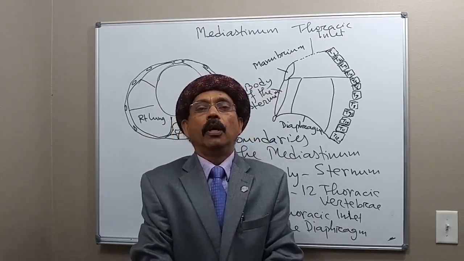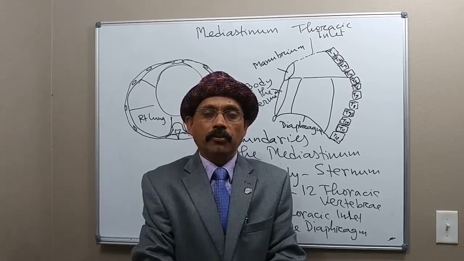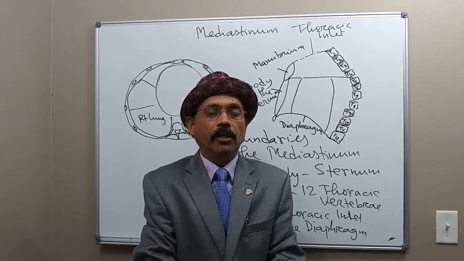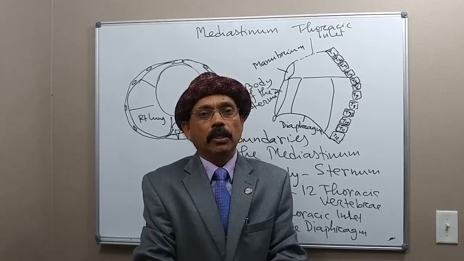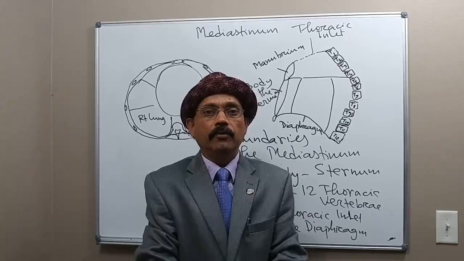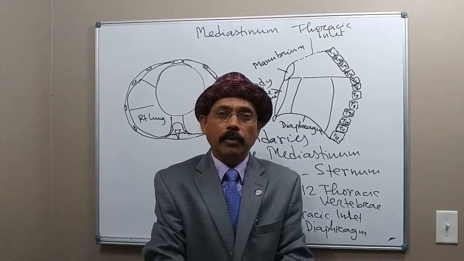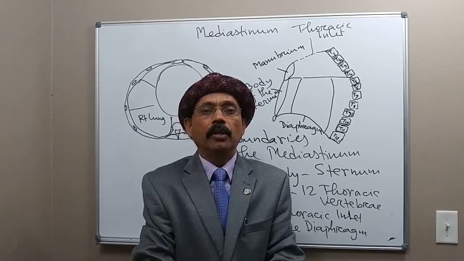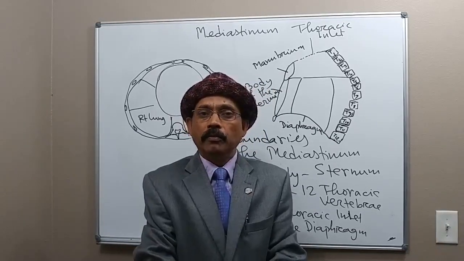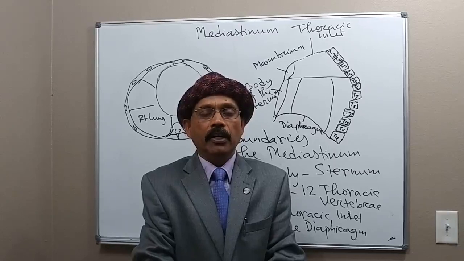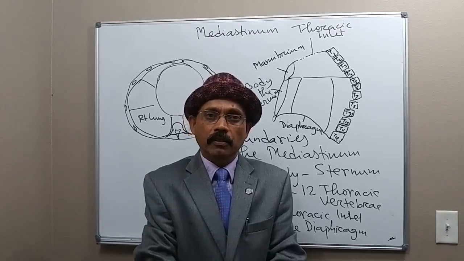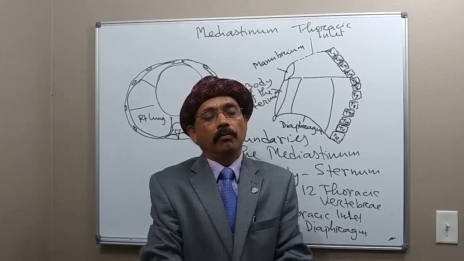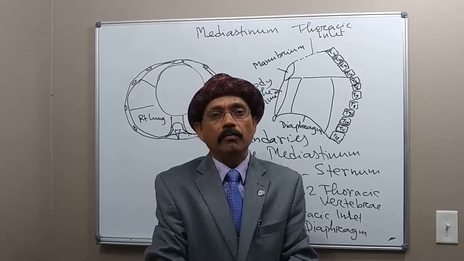The mediastinum is the collection of tissues, organs, blood vessels, and nerves between the two pleural cavities. The lungs are not part of the mediastinum. The heart, blood vessels, nerves, lymph nodes, trachea, brachiocephalic vein, and part of the azygos vein, the upper part and lower part, are the contents of the mediastinum.